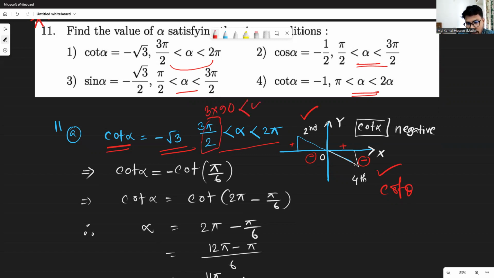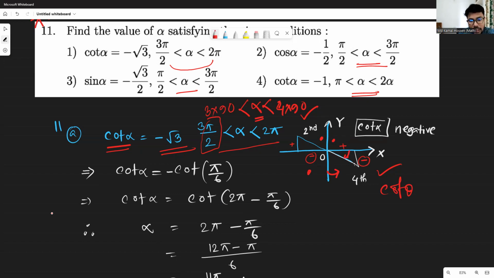So 3 times 90, and 2 times 180 means 4 times 90. So the angle given here is from 3 times 90 to 4 times 90: 190, 290, 390. The alpha angle is greater than 3 times 90 but smaller than 4 times 90.